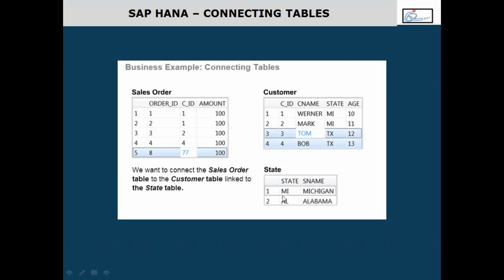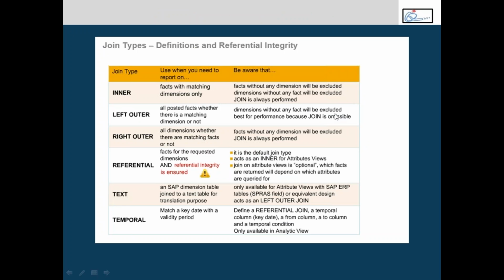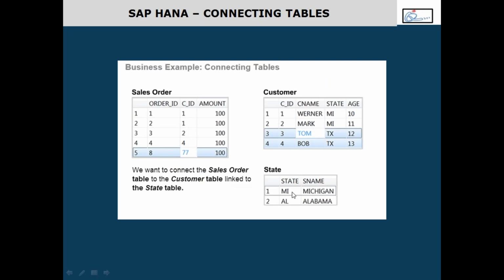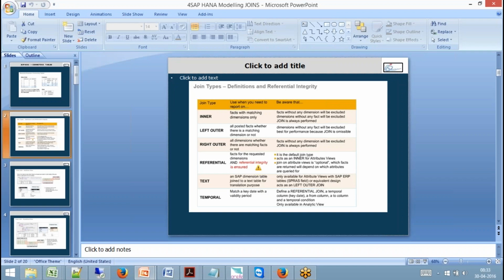Customer and state, based on the state column. Michigan, MI, is a common value, but I see two records of MI here and one record of MI there. So every record of MI here will be joined with the MI record, so the join will become two entries.